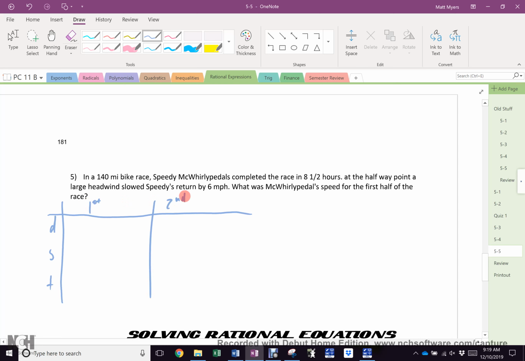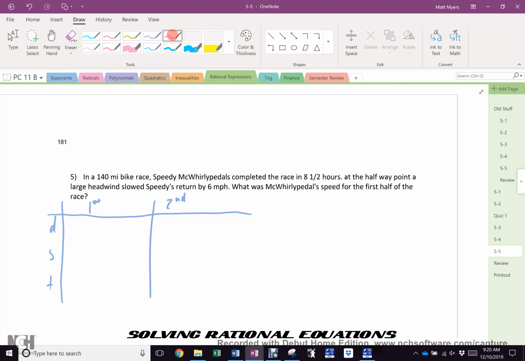How far does he travel in the first half of the race? It doesn't say. Blank plus blank equals 140. Dude, it's half the race. How far did he travel?